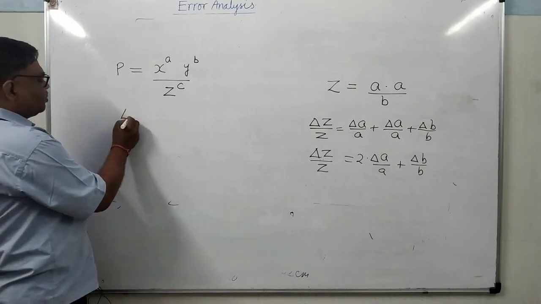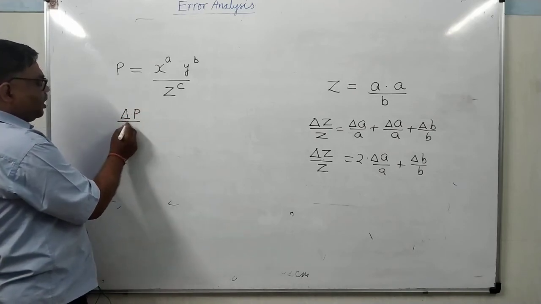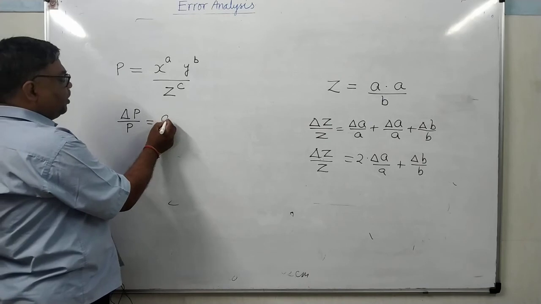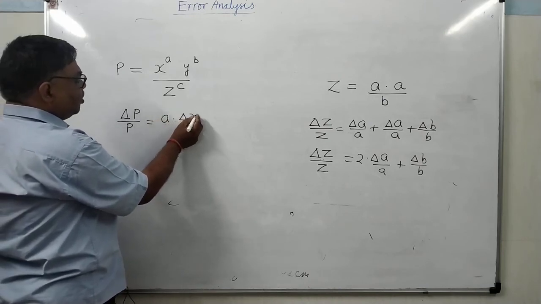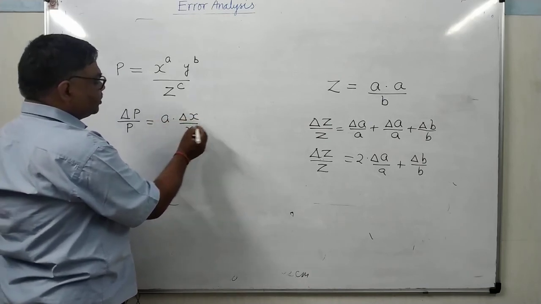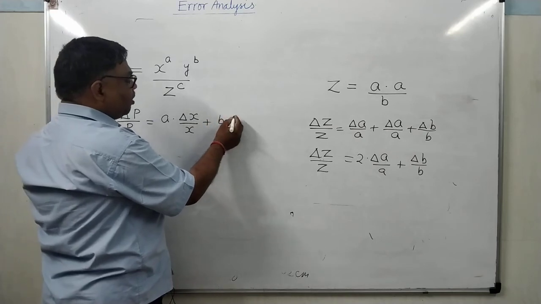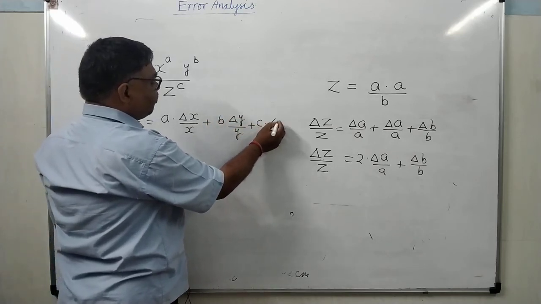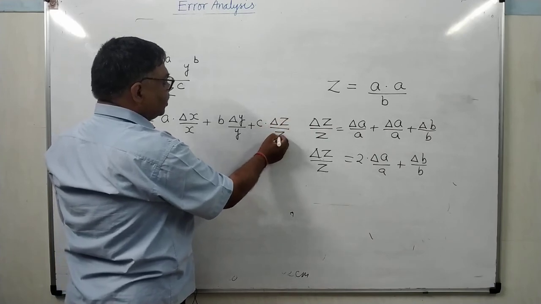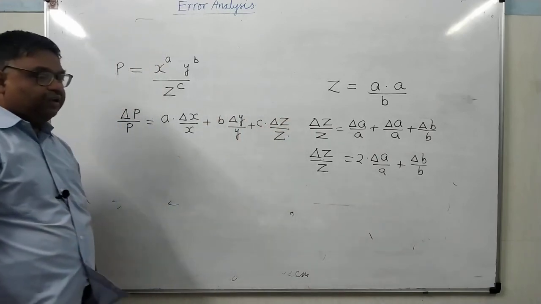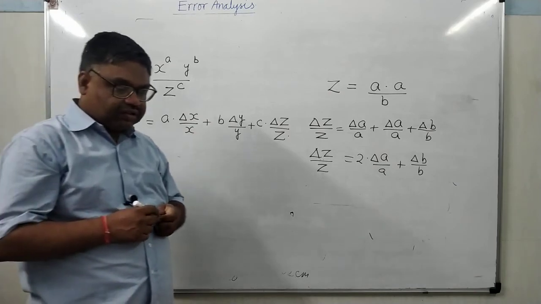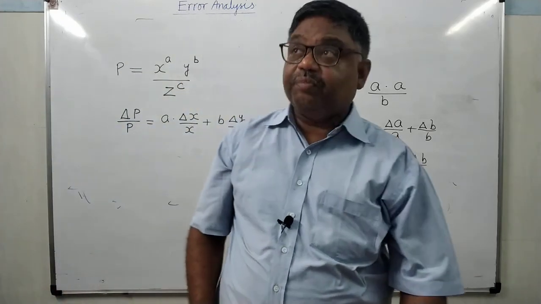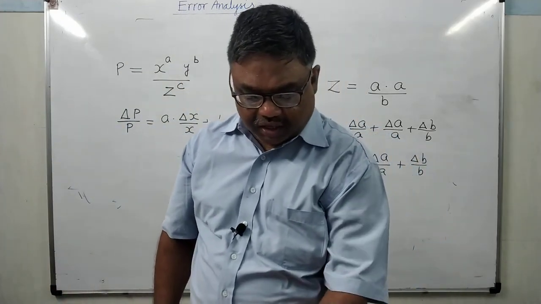So what is the maximum permissible relative error in the P? It will be a times the relative error in x plus b times the relative error in y plus c times the relative error in z. So in this way we will calculate. It's clear? So this is all about the propagation of error.